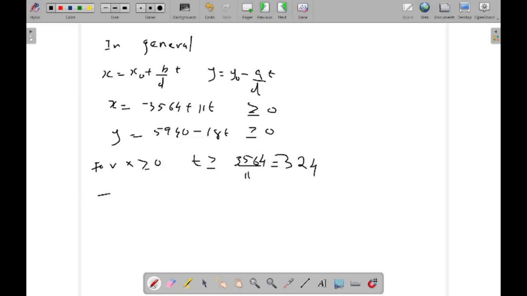For y greater than or equal to 0, this t should be less than or equal to 5940 divided by 18, equal to 330.